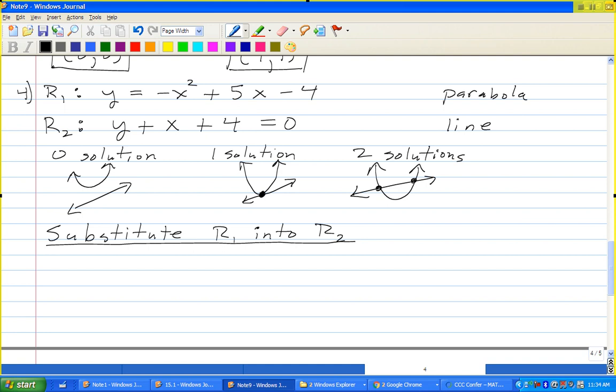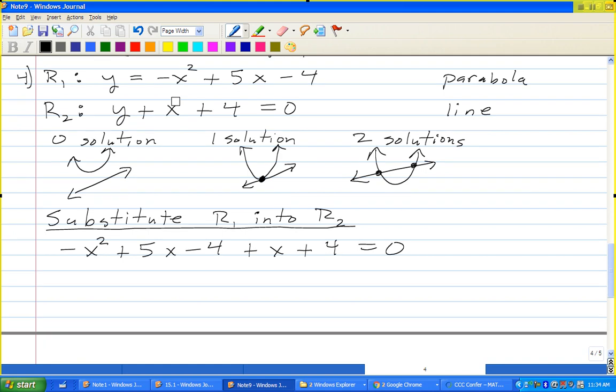And so if I do that, I get negative x squared plus 5x minus 4. Substituting for y, negative x squared plus 5x minus 4 plus x plus 4 is 0. So I just substituted for y here, R1.